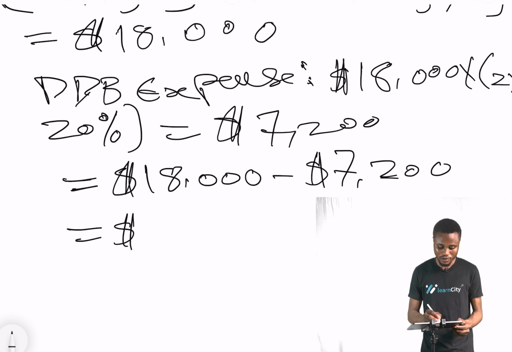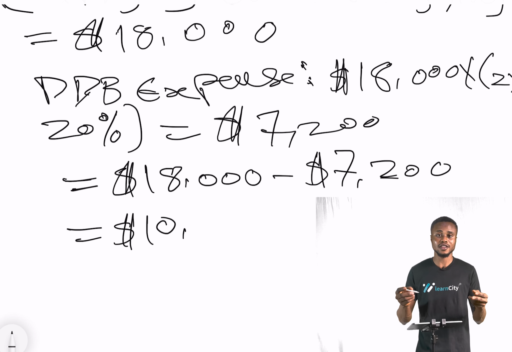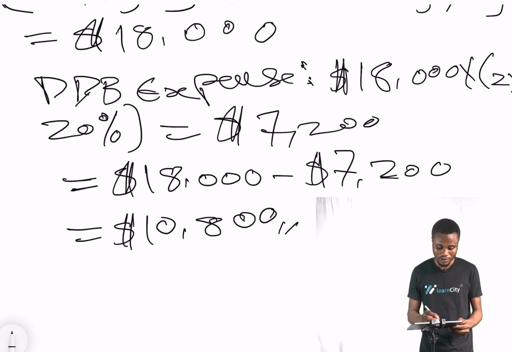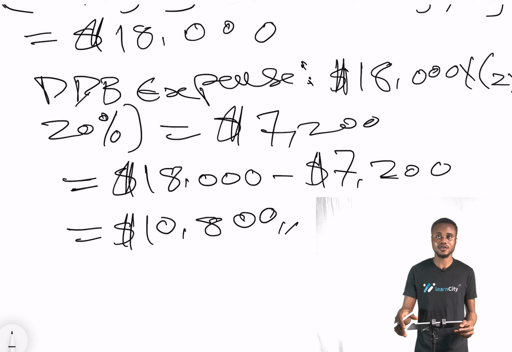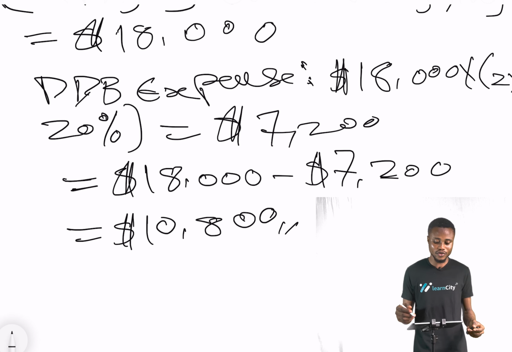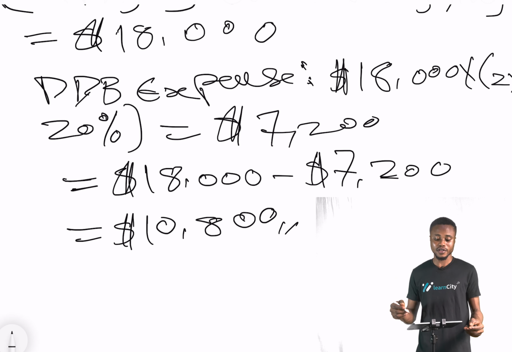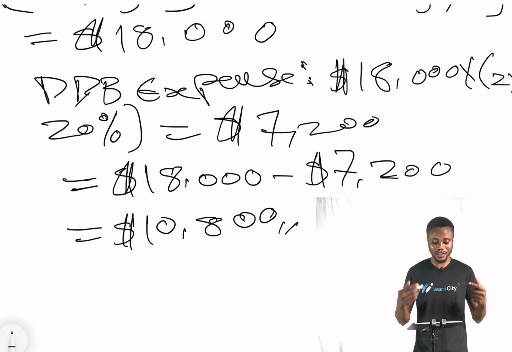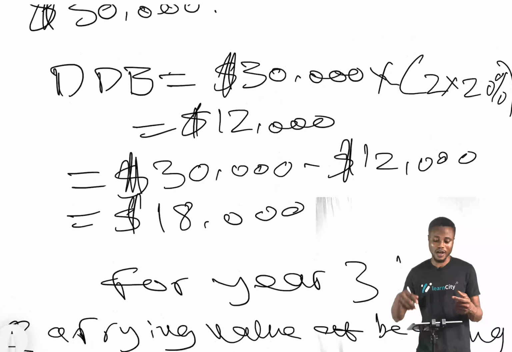What will you get? You are going to arrive at 10,800 US dollar. That's for year 3. So the carrying value at the end of year 3 is 18,000 minus 7,200. It gave us 10,800 US dollar, and so on.